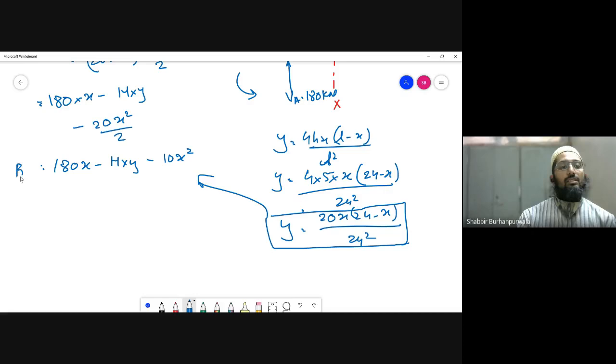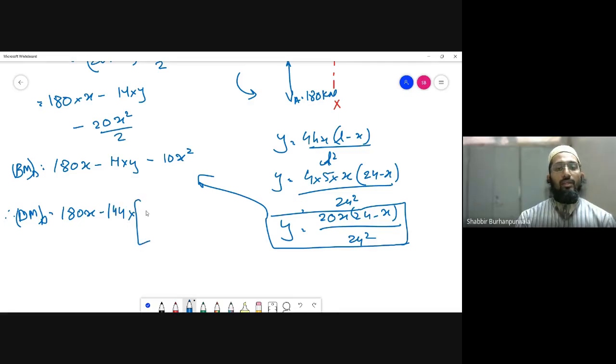So this is still the bending moment at D. Therefore bending moment at D will be equal to 180x minus, sorry, we have the value of h with us, so we'll substitute the value of h, 144 multiplied by 20x (24 minus x) divided by 24 square, minus 10x square.